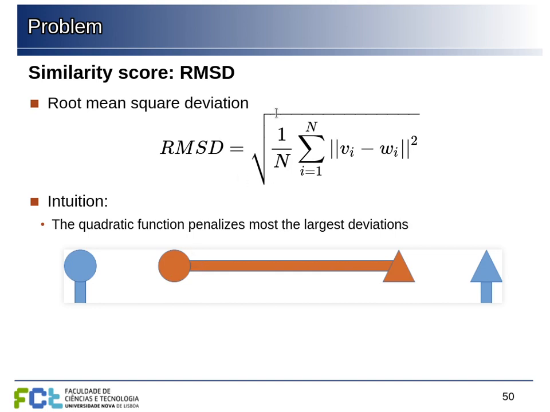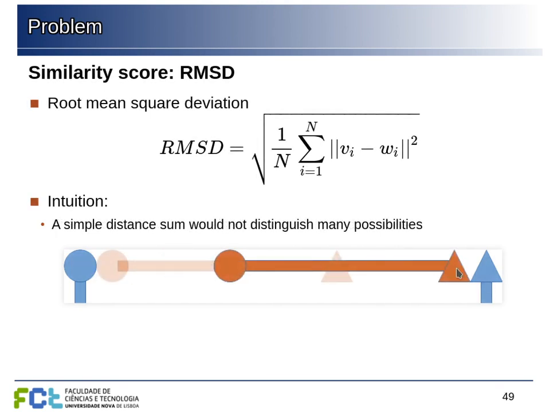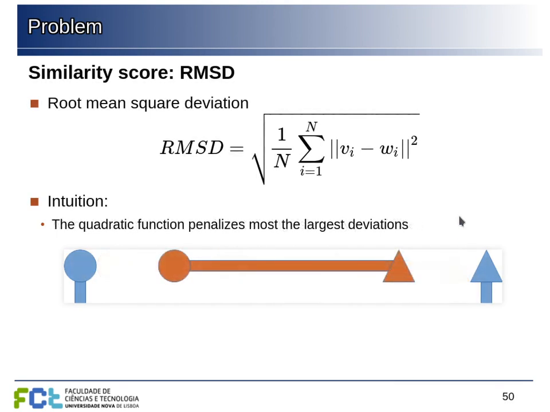So the optimal solution would be one that would try to balance out all of these distances so that we avoid having large deviations. So instead of having some large deviations here and small deviations here, they would even out and we would have a better match, a better superposition of the two structures. So this is just an intuitive justification.